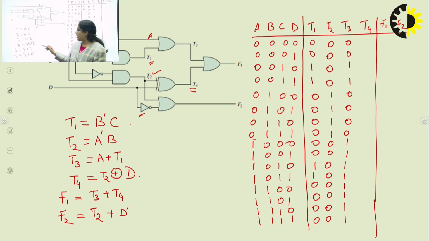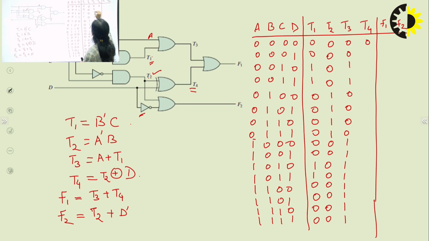Now for T4, it is XORing of T2 and D. So if either of these two is 1, then T4 is 1. If both are 1 or both are 0, then T4 is 0. So for this combination, T2 and D are 0, so T4 is 0.